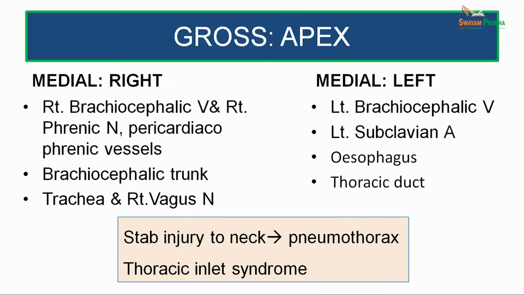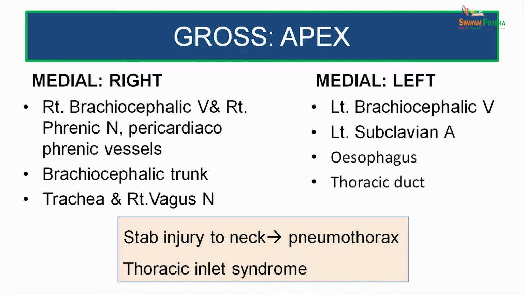Now, talking of the medial relations, they are slightly different for the right side and the left side. On the right side, we have the right brachiocephalic vein along with the right phrenic nerve and pericardiacophrenic vessels.